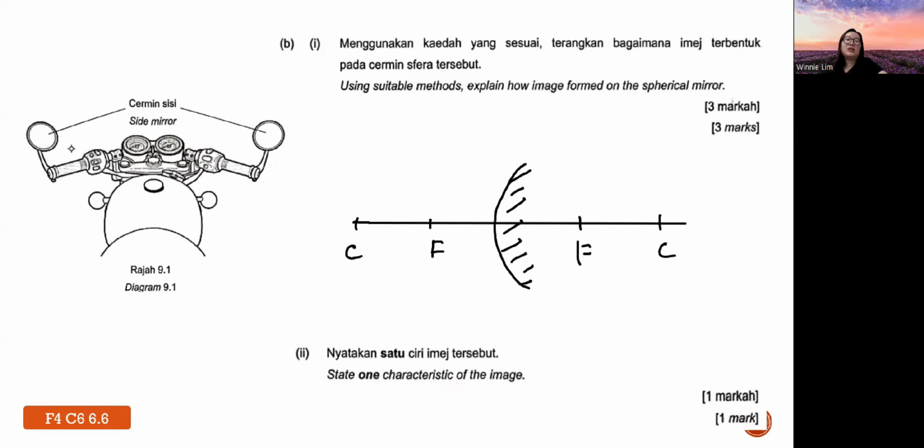Next, for the convex mirror, it doesn't matter where your object is. Very close to the mirror, at F, between F and 2F, at C, more than C, you will have the same result for the image.